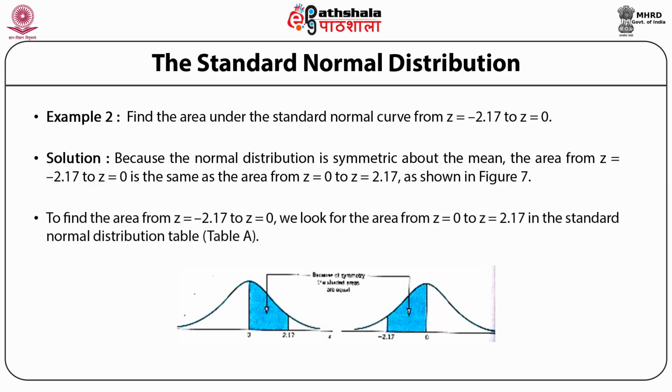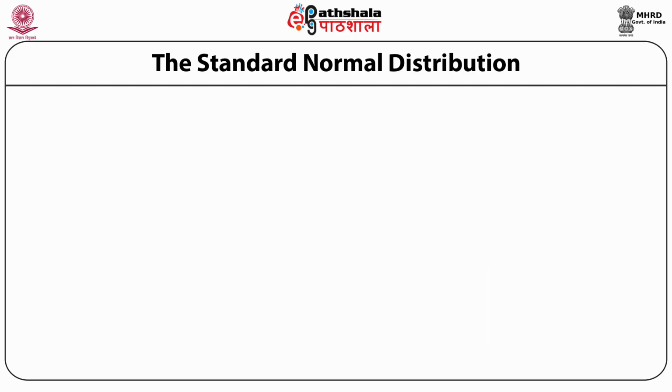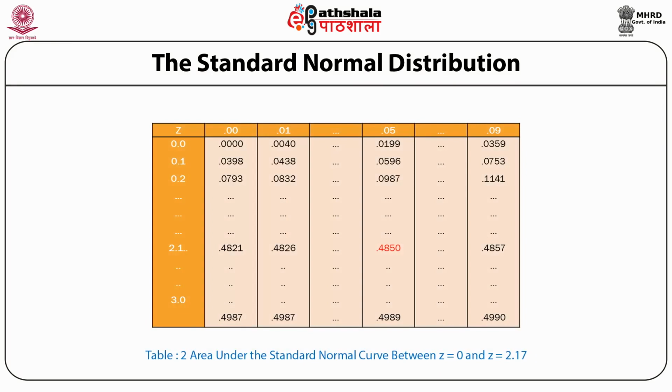To find the area from z equals minus 2.17 to 0, we look for the area from z equals 0 to z equals 2.17 in the standard normal distribution. To do so, first we locate 2.1 in the column for z in that table. Then we read the number at the intersection of the row for 2.1 and the column for 0.07.